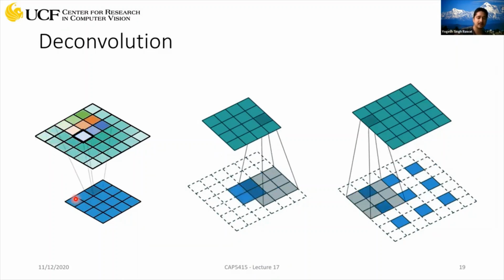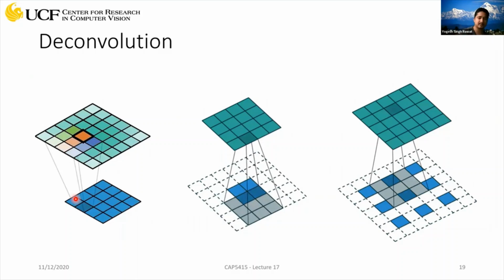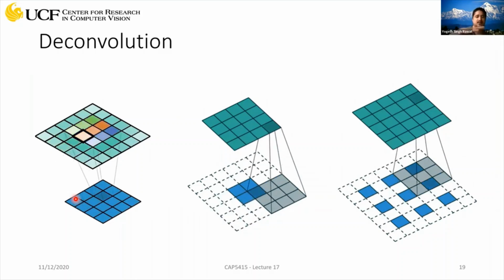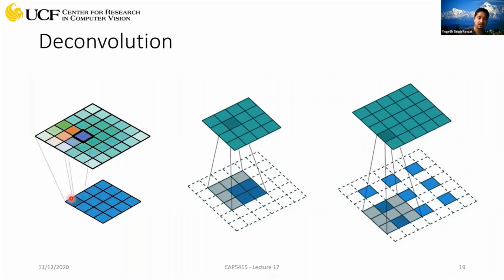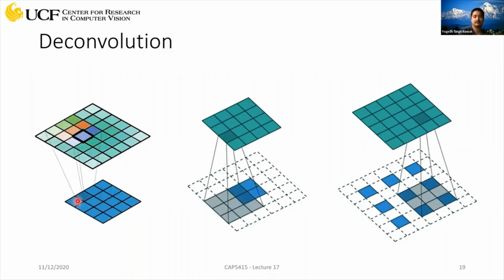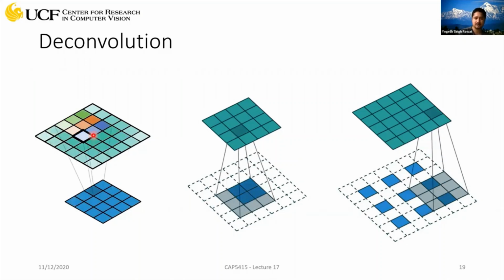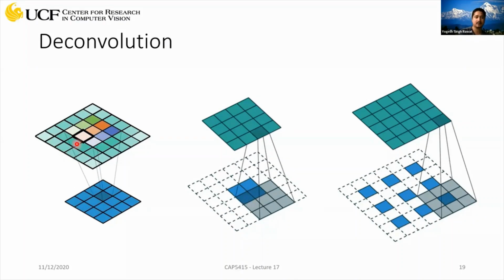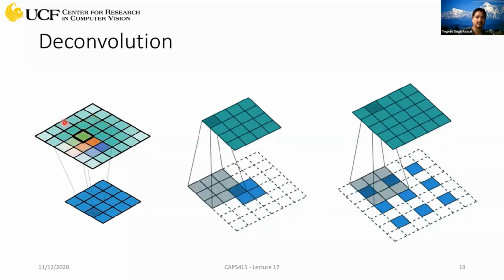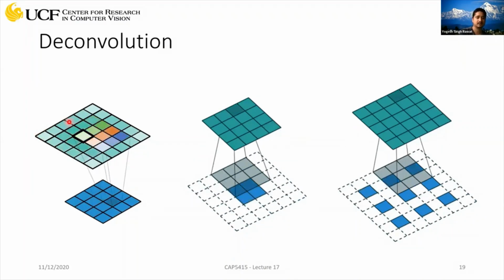It's kind of an element-wise multiplication, so you're just amplifying the activations in your kernel based on your input feature map. In this case, with a 3x3 kernel, one location gives you 3x3, 9 different values, which you put at this location.